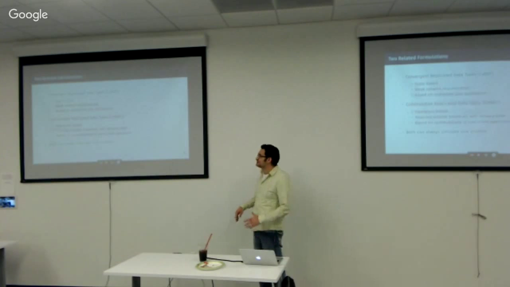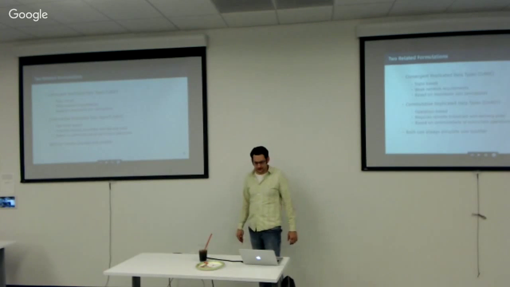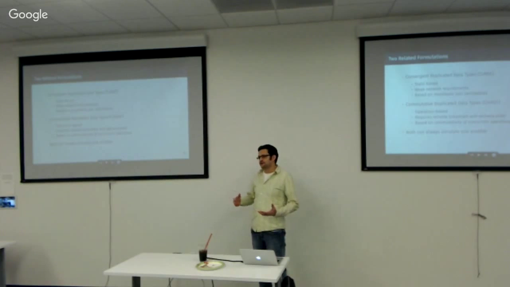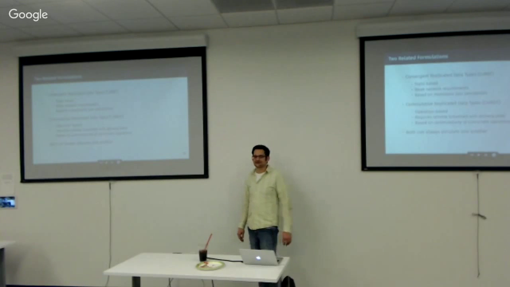There are two ways to build a CRDT. There's what we call convergent replicated data types. They are state-based, and they have weak network requirements, which means you don't have to have a fancy network layer to give you the properties that you need. They are based on the mathematical principle of monotonic joined semilattices.